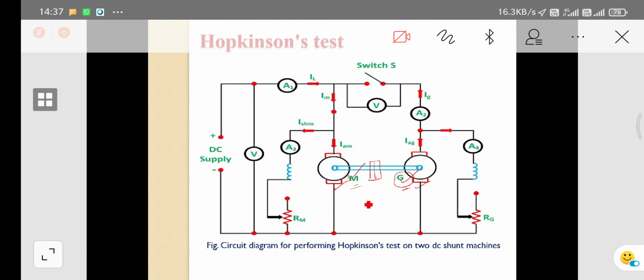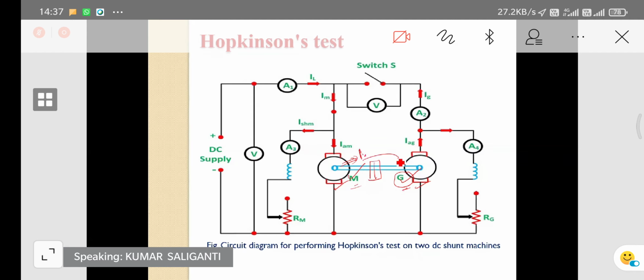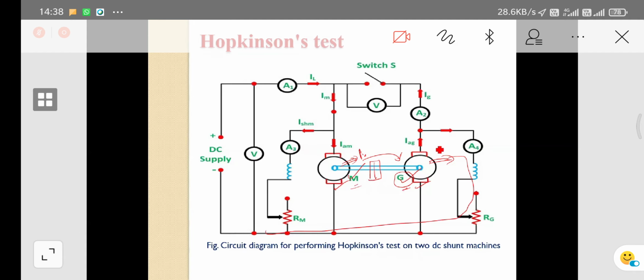The mechanical power output of the motor is given to the generator, and similarly the electrical power output of the generator is given to the motor.